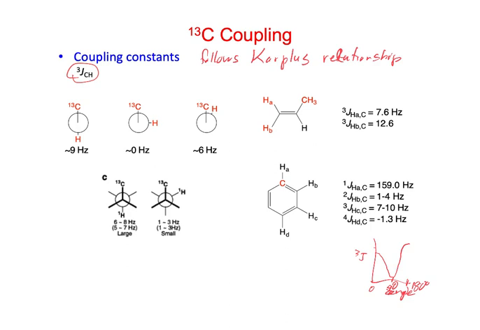So this is kind of the range here for this 3-bond proton-carbon coupling, around 9 hertz when they're anti, closer to 0 when they're 90, and around 6 hertz when they're eclipsed. Okay, and of course, gauche, like 60 degrees, would be small, in between 0 and 6.